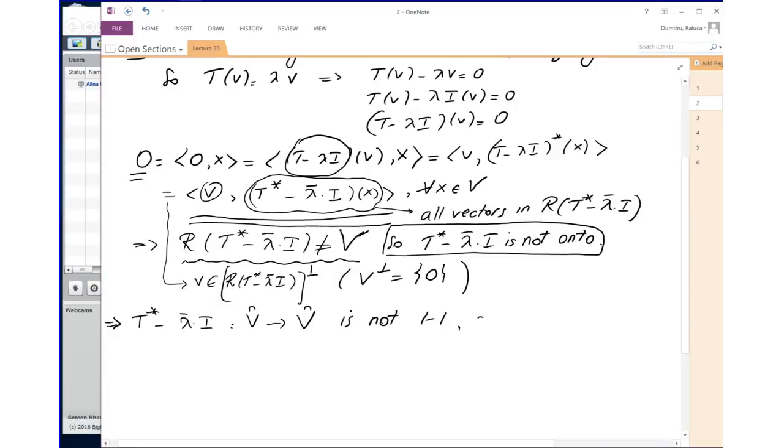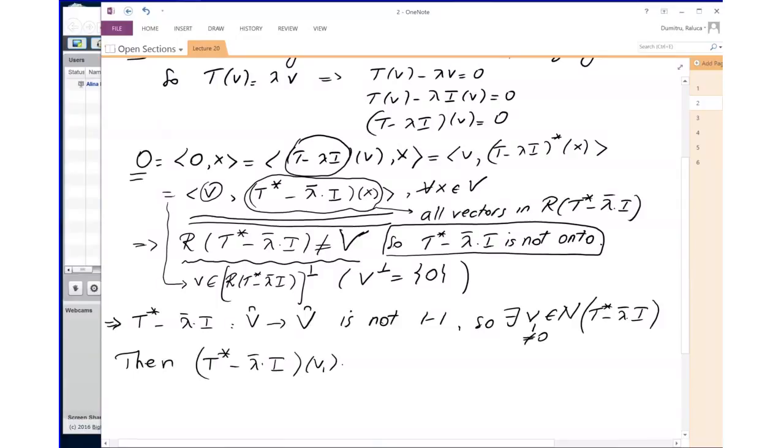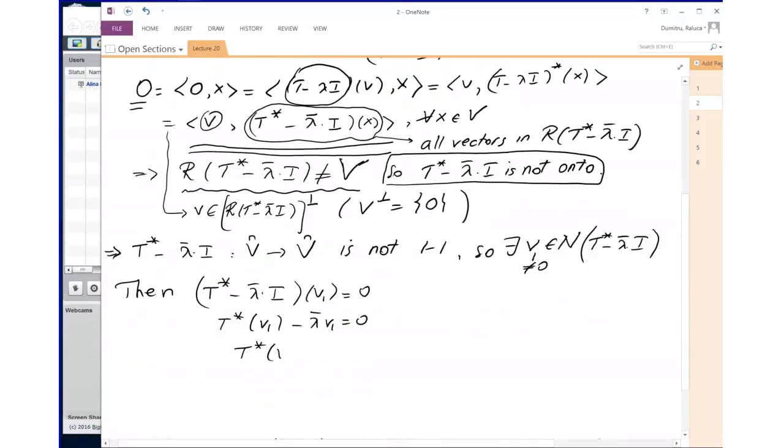All right. So there exists a vector v1 in the null space of this operator, non-zero. But that means T star minus lambda bar identity of v1 is 0. So T star of v1 minus lambda bar v1 is 0. So T star of v1 is lambda bar v1.